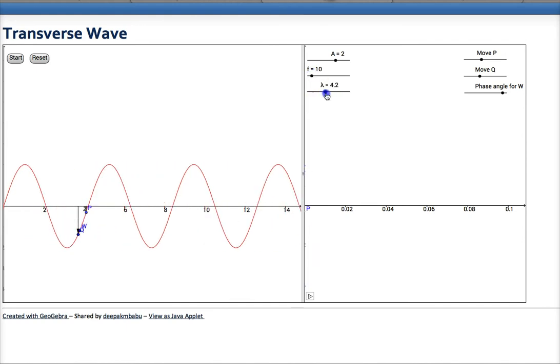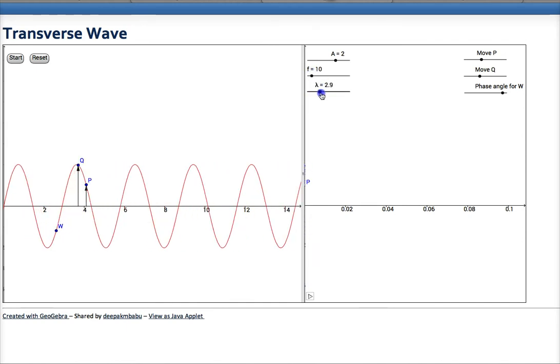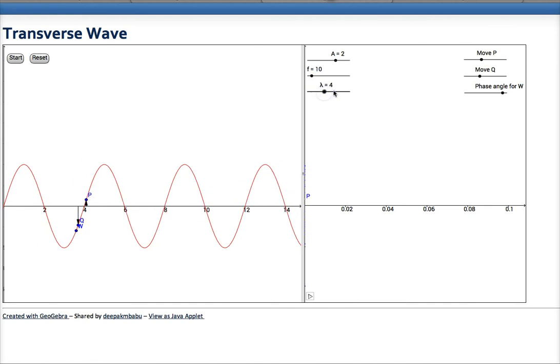I'm going to set the wavelength back to 4 meters. I'm sorry, not amplitude, wavelength. Amplitude is back to 2. Now I'm going to again set particle P at the point 4, and I'm going to set particle Q at 0.5, which are the starting points that we started off with in the previous experiment.